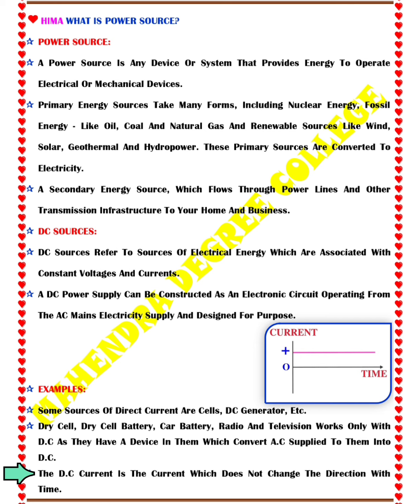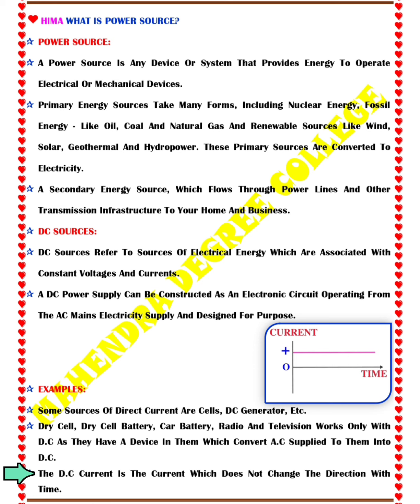It refers to an electric current that flows in one constant direction. Unlike alternating current, which reverses direction periodically, DC flows steadily in one direction.